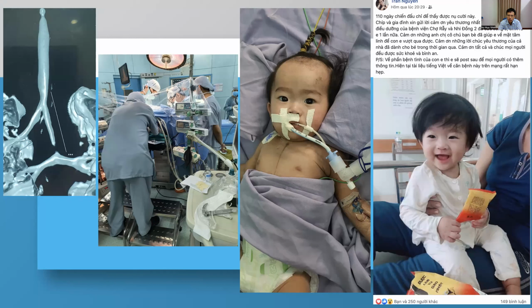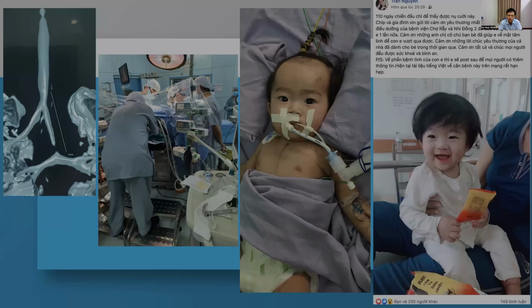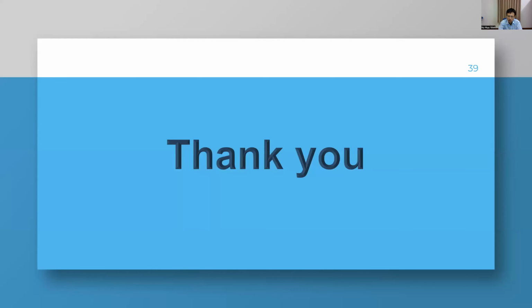After surgery, she also took almost 1 month or more in the hospital. But at last she recovered and returned to normal life. Her mother put her on Facebook about 7 years ago, maybe, I'm not sure. But now she has grown up. Thank you for your attention.